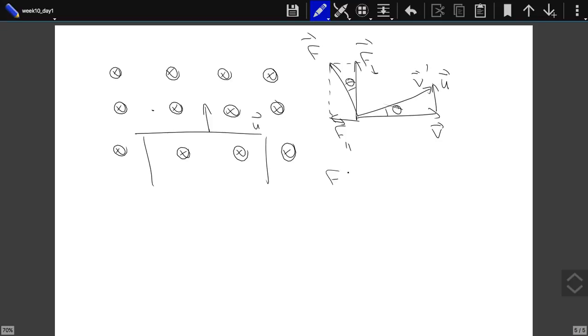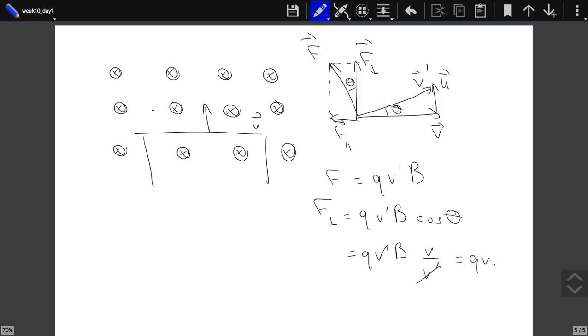F, remember the magnitude of F will be just, if you have a single charge, Q times V prime times B. So the magnitude of the perpendicular component will be Q times V prime times B times cosine theta, which will be Q times V prime times B times, well, cosine theta is nothing but V over V prime.